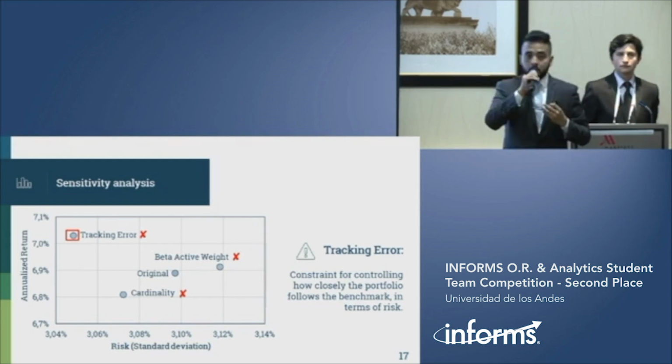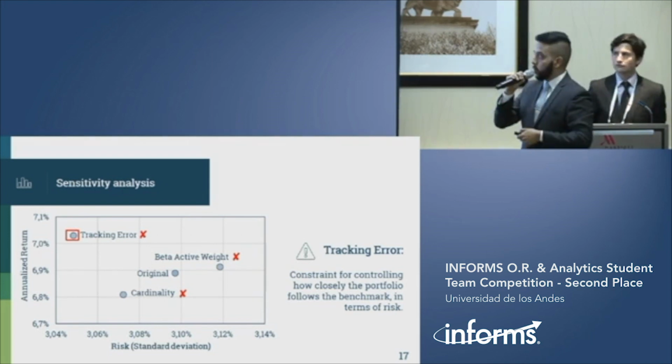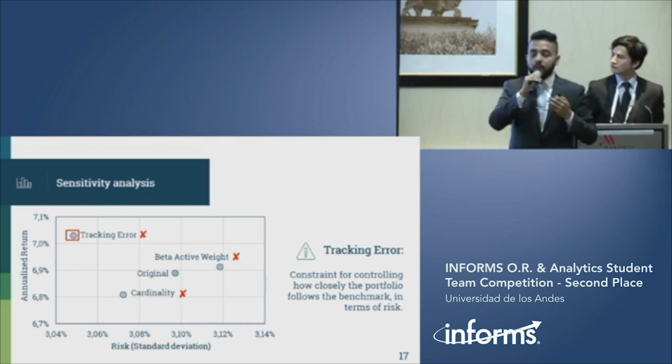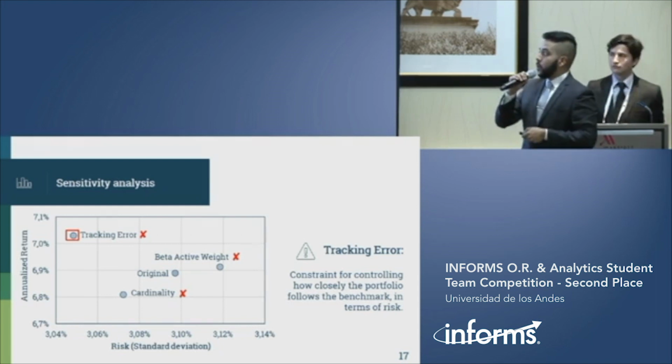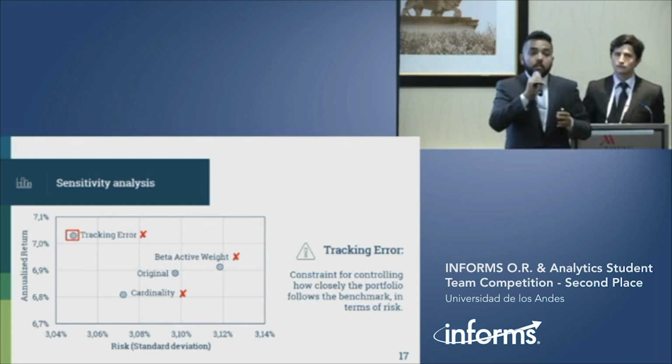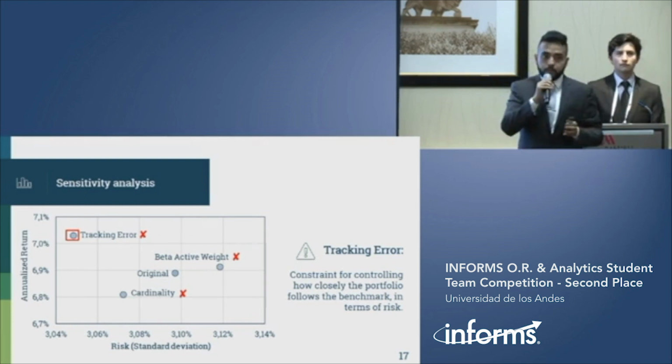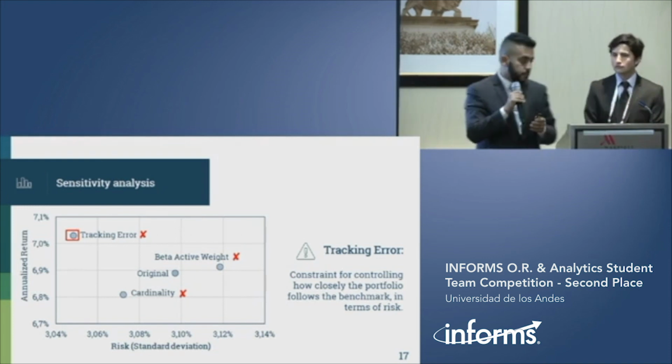When we did not take into account the tracking error, we got a portfolio that dominates the rest of the three, because it has a higher annualized return and a lower risk. So if we could relax or even eliminate that restriction, we could have very good results.